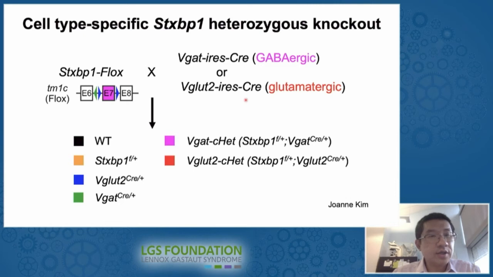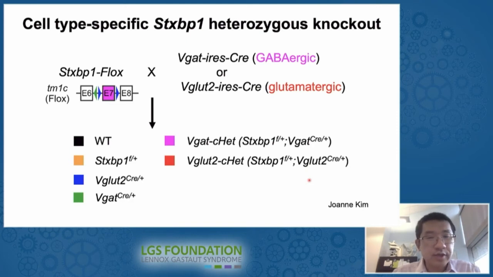Therefore, we can remove one copy of XDX-BP1 in all glutamatergic neurons. So from these two separate crosses, we can generate 6 different genotypes, right? Wild type, heterozygote flox allele, Cre alone, or the heterozygote conditional mutants in either GABAergic cells or glutamatergic neurons, right?